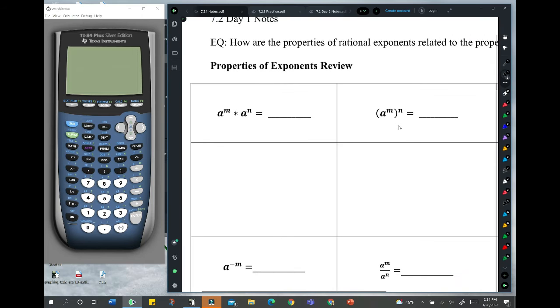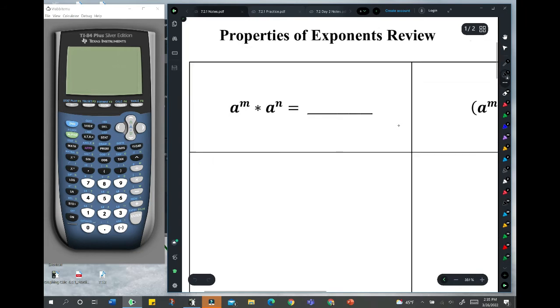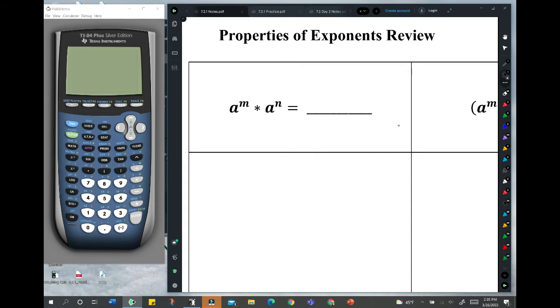This is day one, or the first part of our notes here, and it's going to start out with a review of the properties of exponents. And really, we're going to tie these in with fractional exponents. So, remember, if you have the same base and two different exponents, you add the exponent. So this is going to become the same base, m plus n.